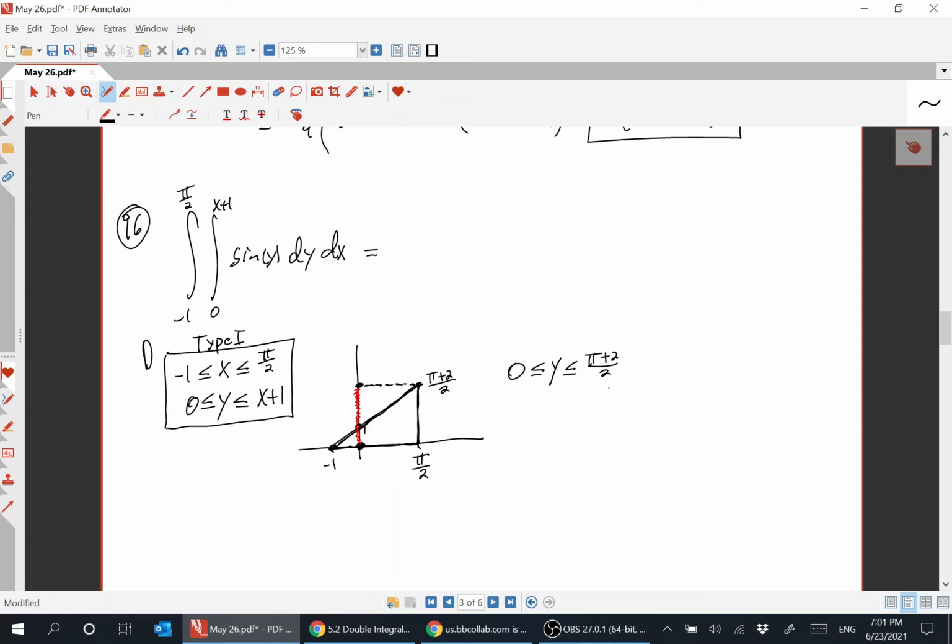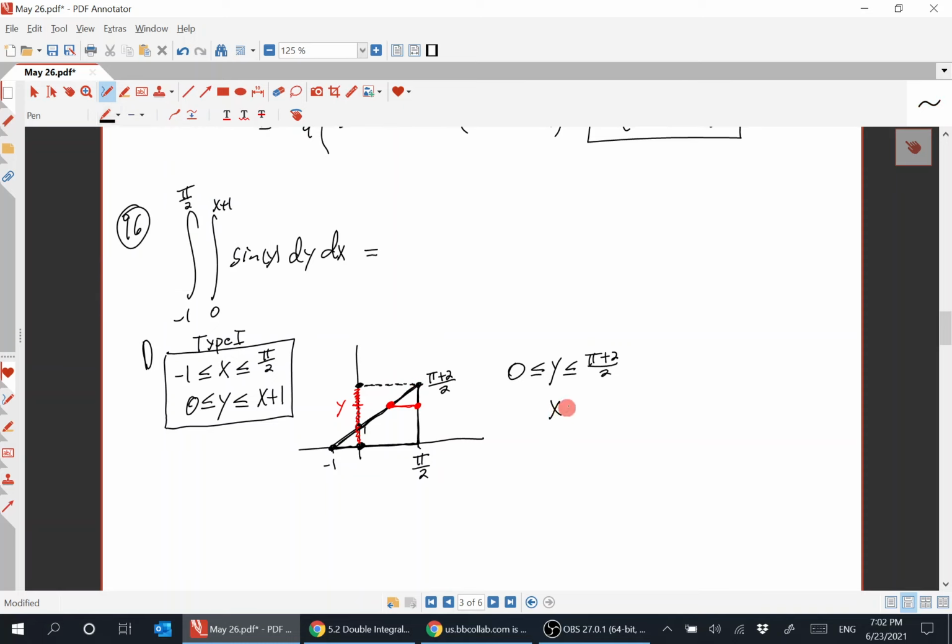And then for a specific value of y within that interval, we're going from here to here. The upper curve, or the right-hand curve, is this line, and the lower curve is this slanted line.